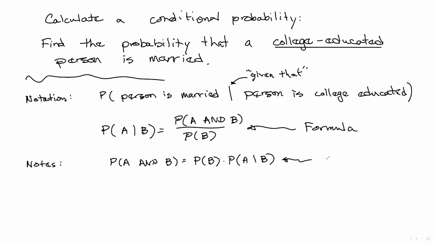We're going to end up using this in a second, so we're going to come back to this. The way that you could read this is that the probability of A and B equals the probability of B times the probability of A given that B has happened.